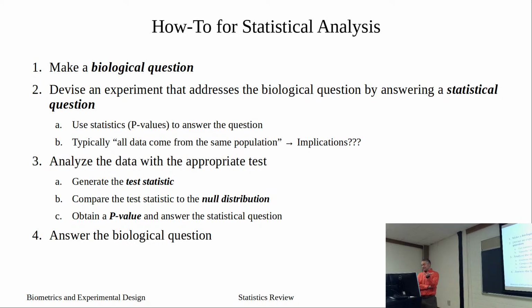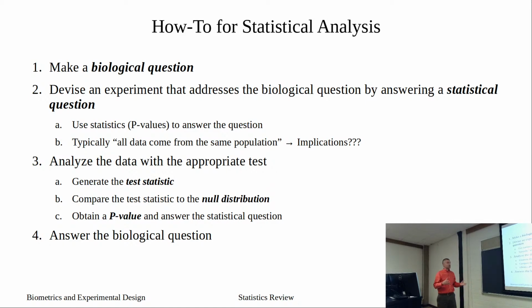All right, so question, we had a biological question. Are bats attracted to water? The statistical question was, do bats visit water more than bare ground? Okay, let's change it.